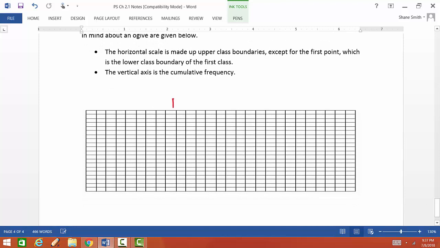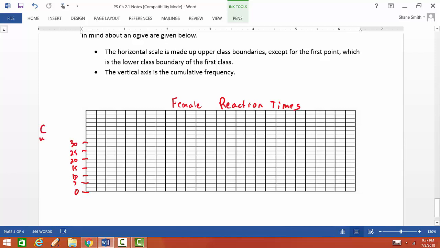Okay, so I'm sure you're getting sick of this, but we're going to do it again. Female reaction times. An ogive displays cumulative frequency. So my highest cumulative frequency was 30 because that's the sample size. So I'm going to count by fives. 10, 15, 20, 25, 30.